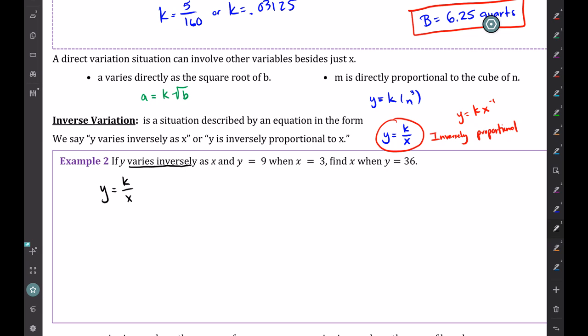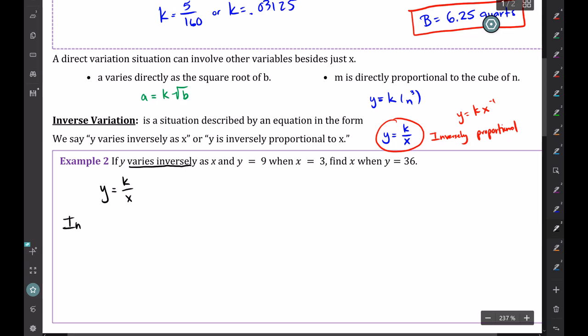And then we use the initial condition that we're given. And that initial condition is that x equals 3 when y equals 9. So that allows us to solve for k. So we have y is 9 and x is 3.